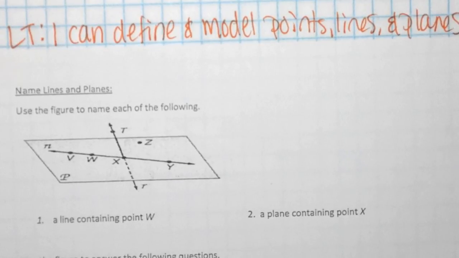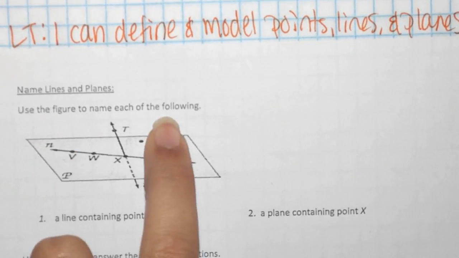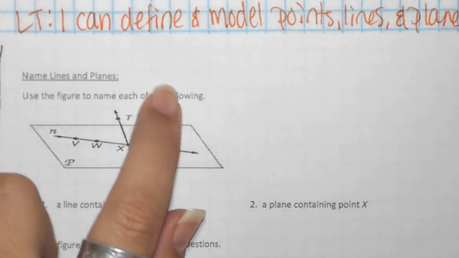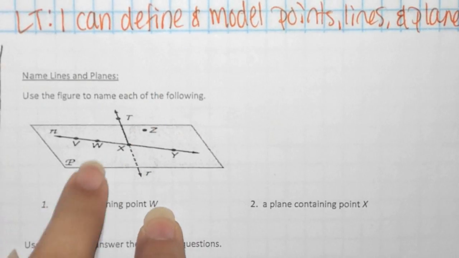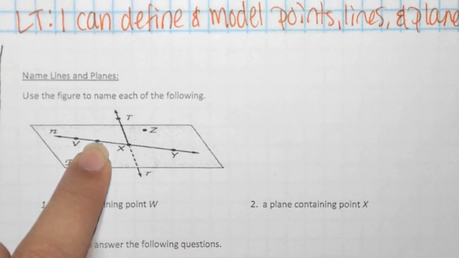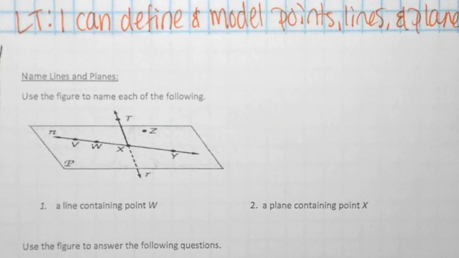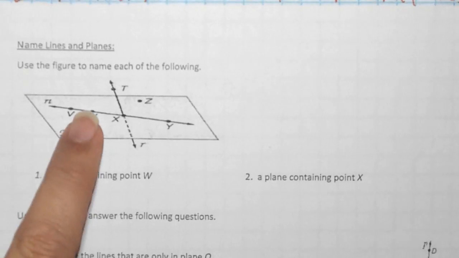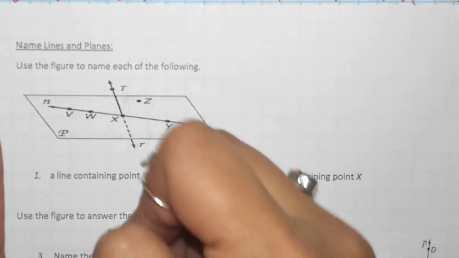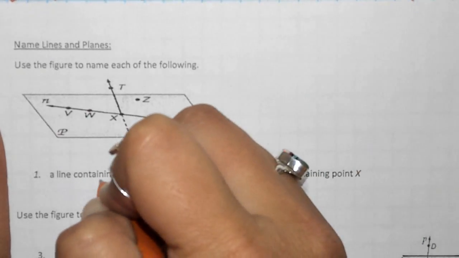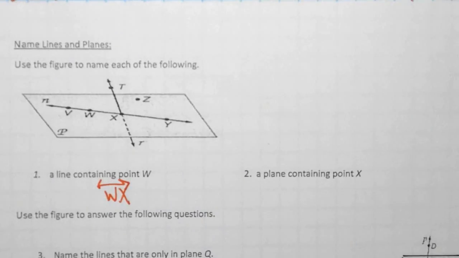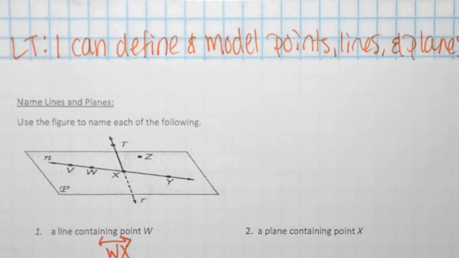Okay, so number 1 says to use the figure to name each of the following. A line containing point W. So here's point W. We need a line on it. How many points do we need to name a line? 2. So I could say W and X. And that's a line. It's right there.